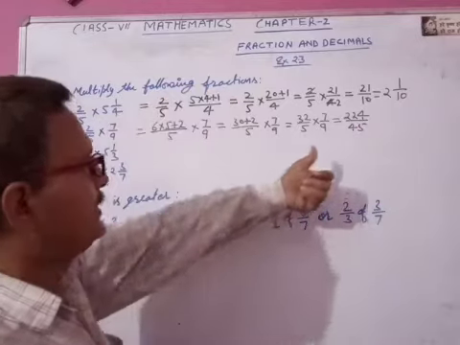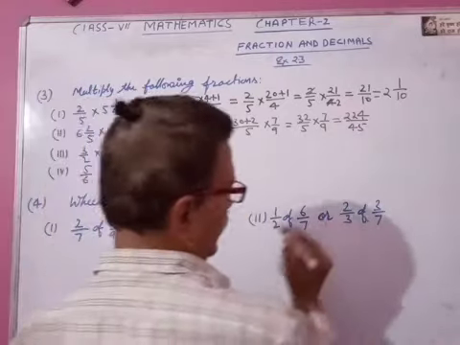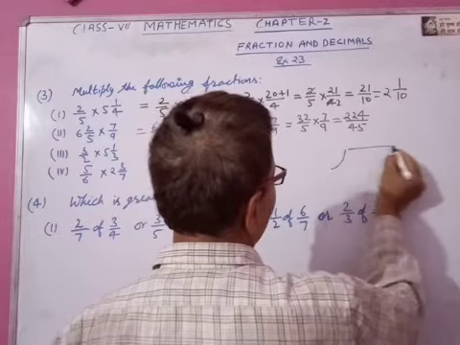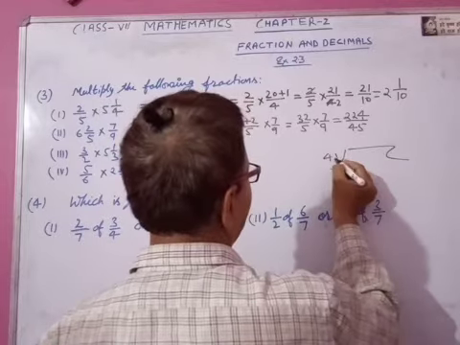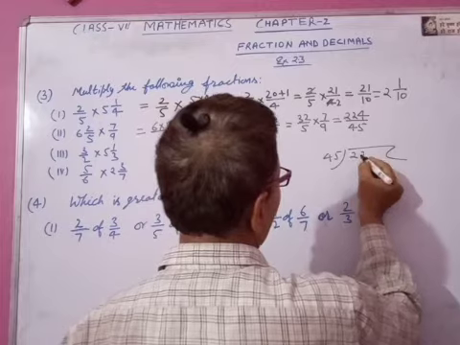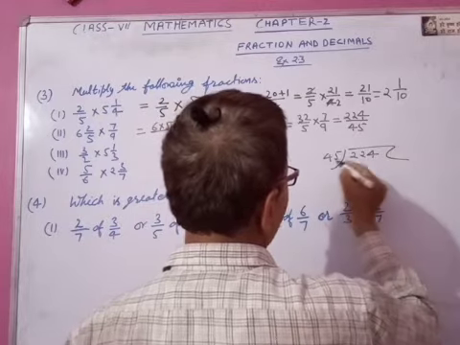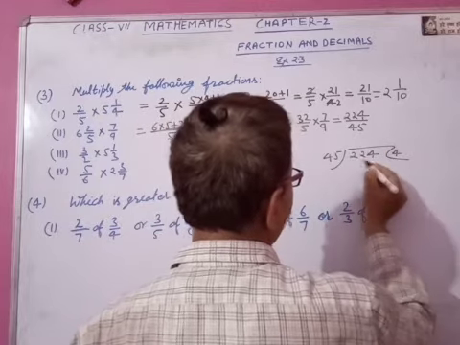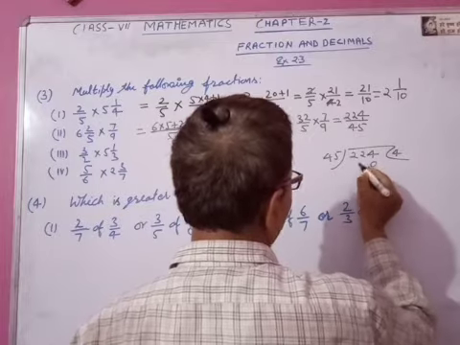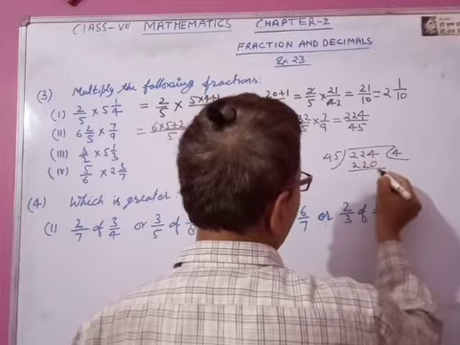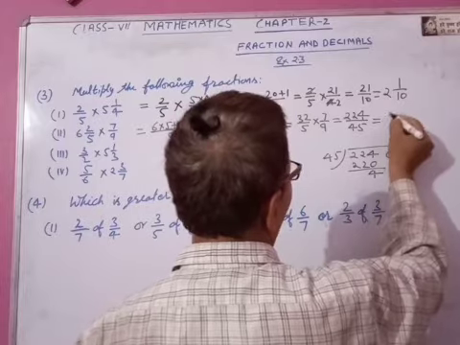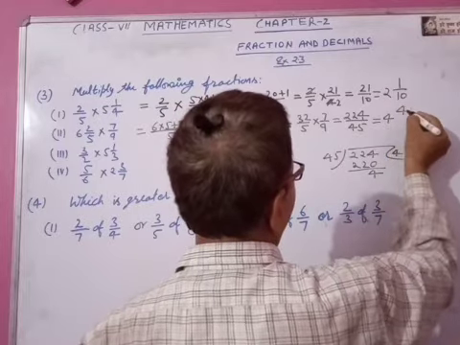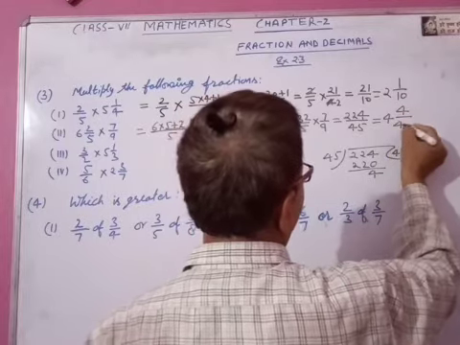Now you will change this fraction into a mixed fraction. You will divide by 45. 45 fours are 180, 4 fives are 20, 224 minus 180 is 44. That is 4 whole 44 upon 45.